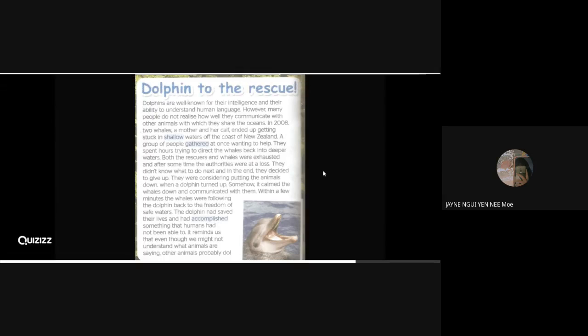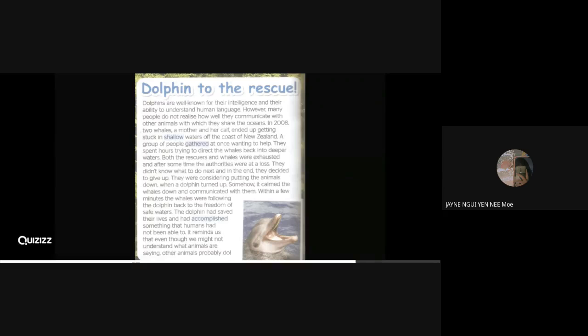Dolphins are well known for their intelligence and their ability to understand human language. However, many people do not realize how well they communicate with other animals with which they share the oceans.